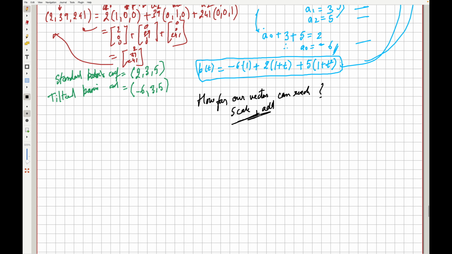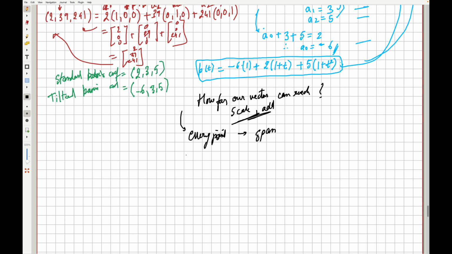So what points can we reach in space, and if we can reach every point in that space, then we say that they span that particular space.